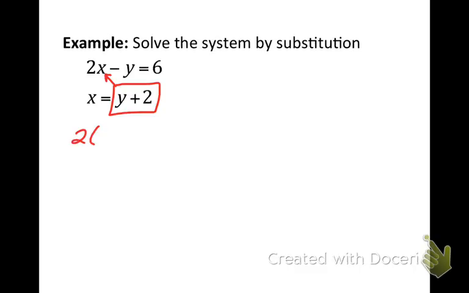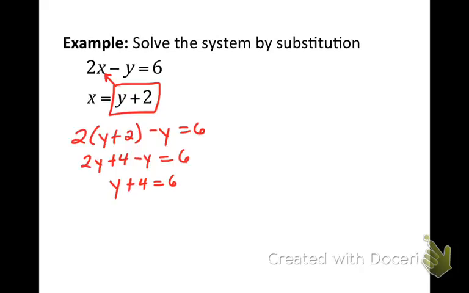So we got 2 times y plus 2 minus y equals 6. Distributing that 2 gets me 2y plus 4 minus y equals 6. 2y and a negative y becomes y plus 4 equals 6. So y is equal to negative 2. What do I do next? Plug it back into my y.